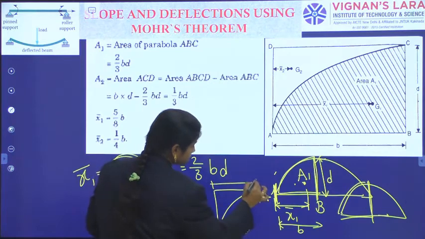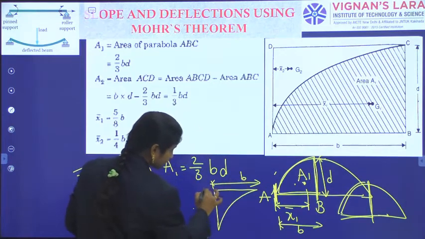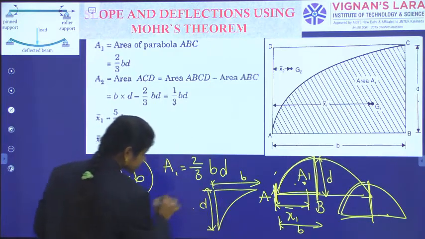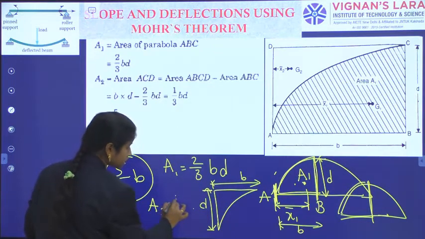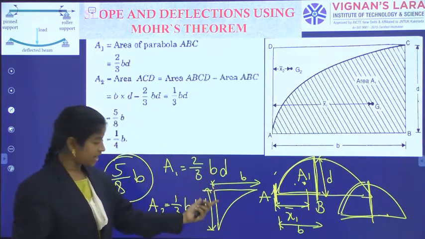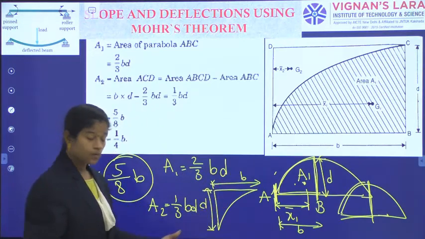If this portion is B and this dimension is D, the corresponding area A2 is 1/3 BD. See here, this was the 2/3 portion and the remaining portion is 1/3 BD.